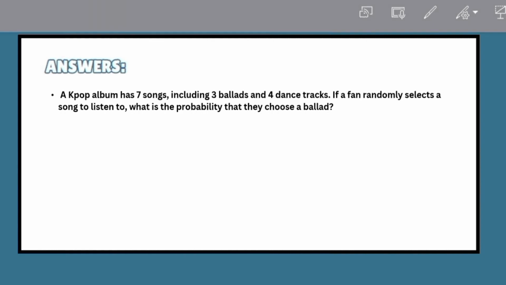So next we have a K-pop album that has 7 songs, including 3 ballads and 4 dance tracks. If a fan randomly selects a song to listen to, what is the probability that they choose a ballad? Again, this is easy. Since there are 7 songs, our possible events will be 7, right? And what we are looking for is the probability of getting a ballad. How many ballad songs are there? 3.